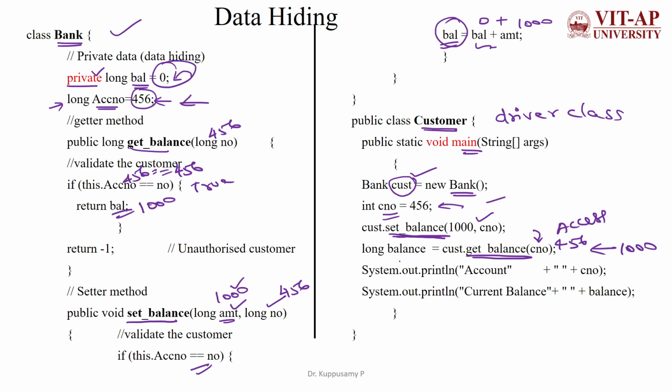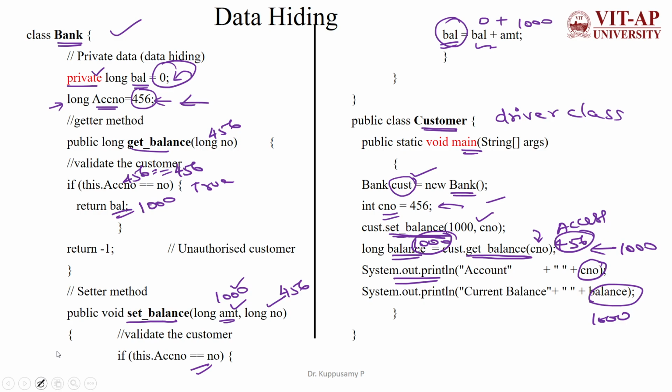Now 1000 is the result of the getter method, and it is assigned to this variable. Then the values are displayed using System.out.println: c number is 456 and the balance assigned here is 1000. So this is the output of the setter and getter member functions.